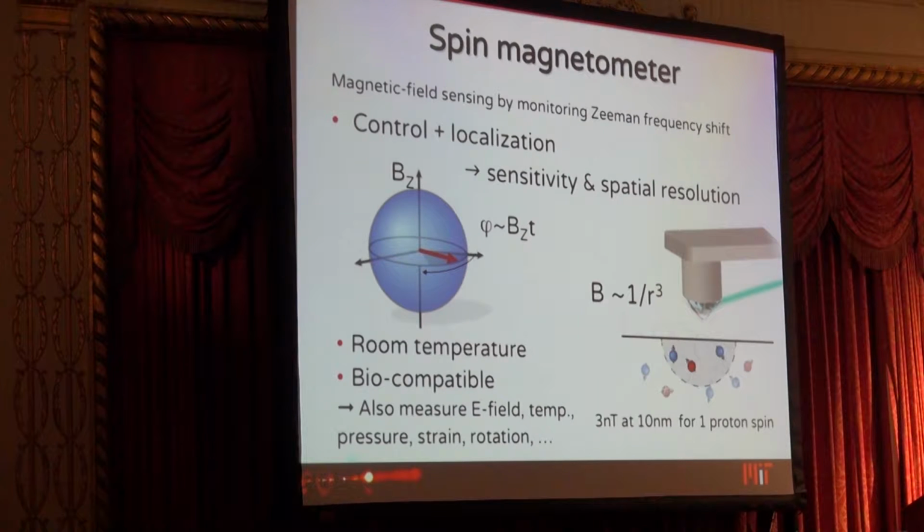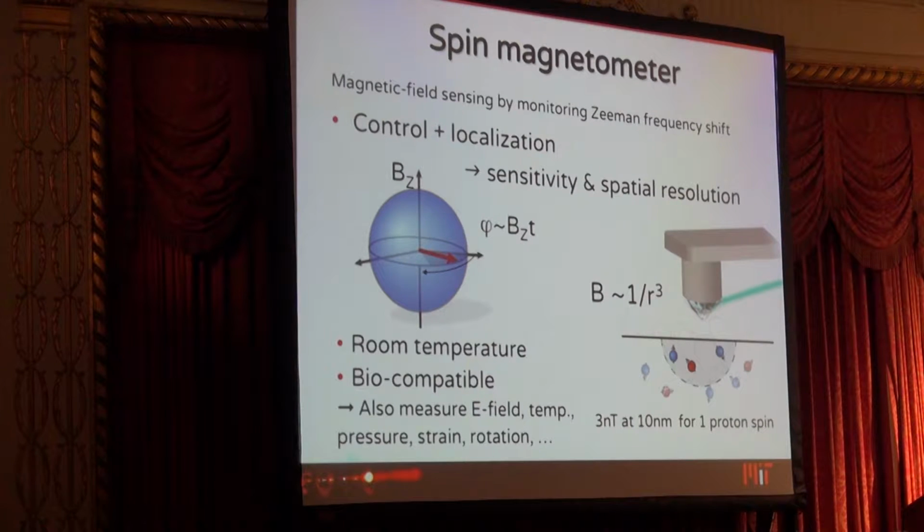The advantage is that you can bring your system very close to the source of the magnetic field. This was a cartoonish picture I had back in 2008 to show how we could do that: you bring your nanodiamond close to the source of the magnetic field, for example, some nuclear spin.